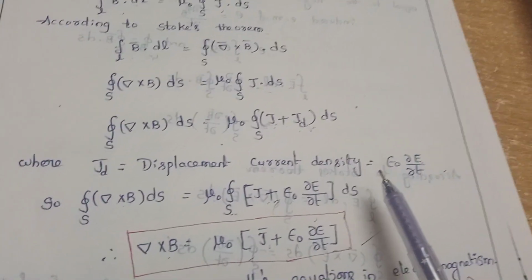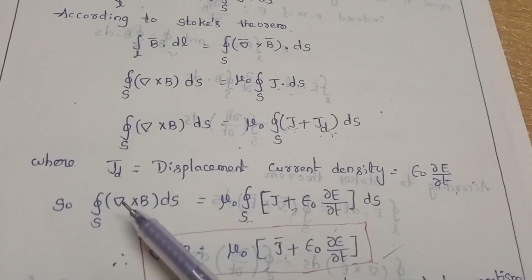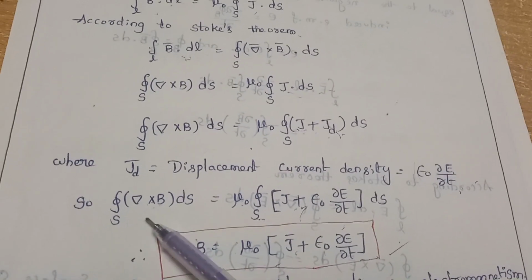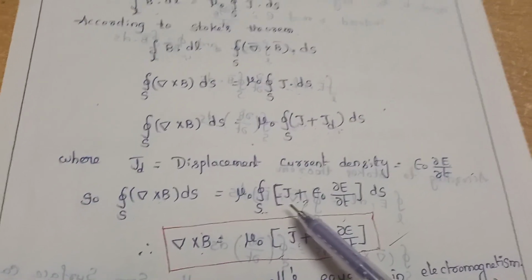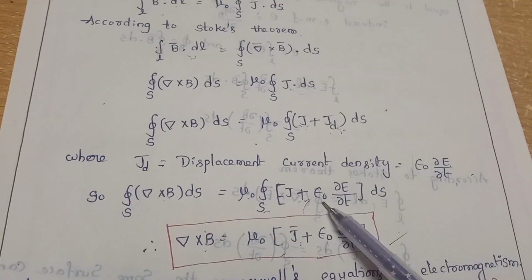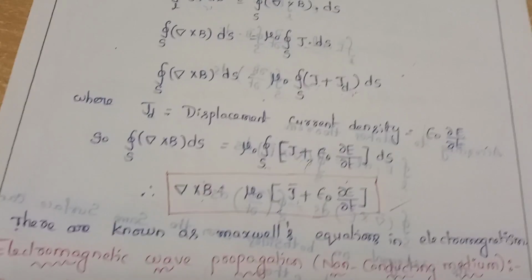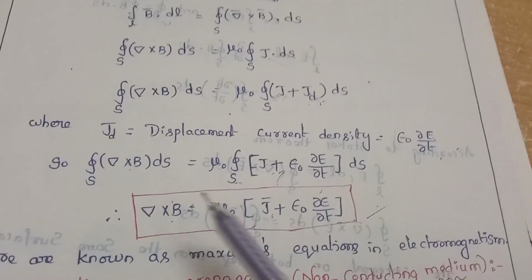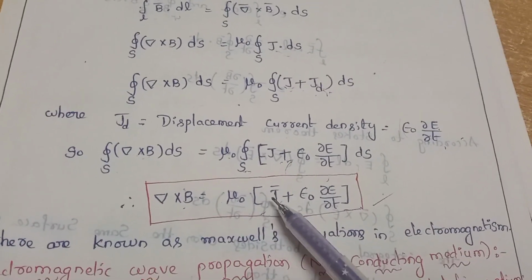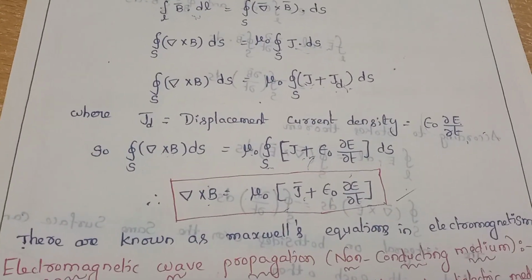So we can write the surface integral of del cross B ds is equal to mu naught into the surface integral of J plus epsilon naught dou E by dou t, into ds. Both sides have the surface integral, which will be cancelled. Then it can be written as del cross B is equal to mu naught into J plus epsilon naught dou E by dou t.